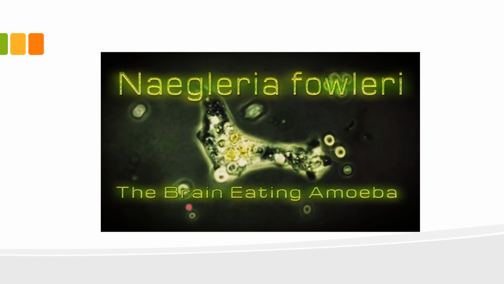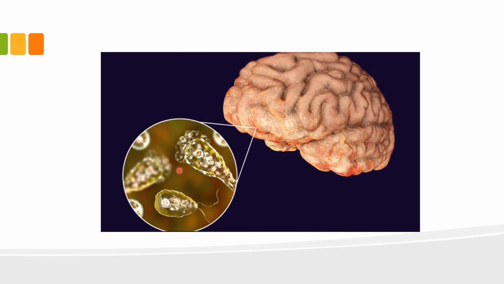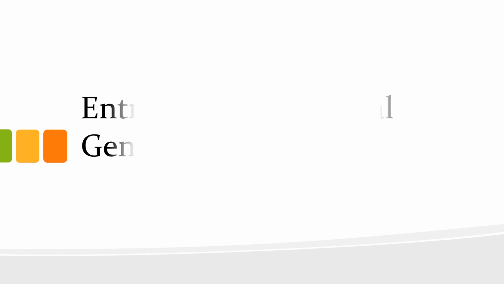Naegleria fowleri is colloquially known as the brain-eating amoeba. It is a free-living microscopic amoeba, and it can cause a rare and devastating infection of the brain, which is called primary amoebic meningoencephalitis.